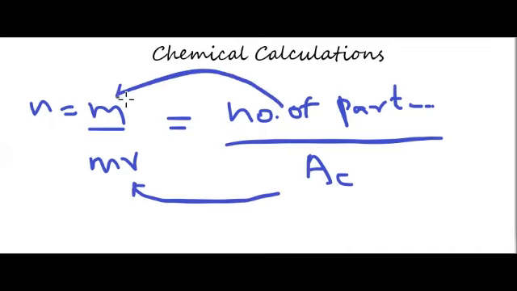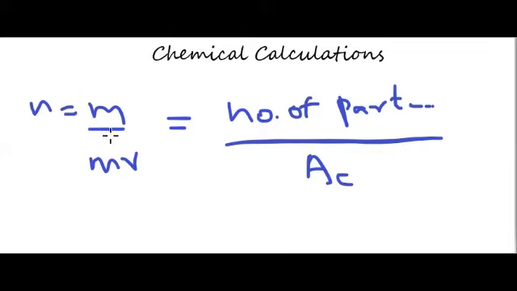Now, when we get the mass of a normal substance, imagine there are 10 grams of hydrogen, and the MR is 1. Let's get another one.